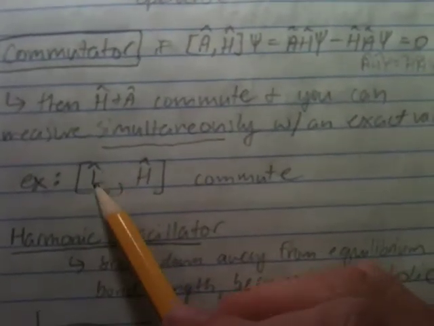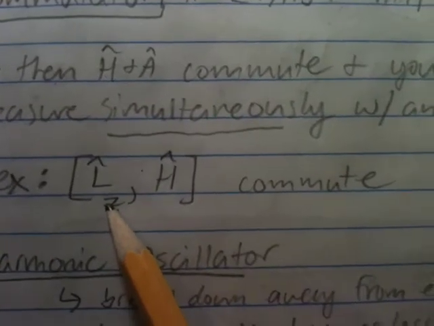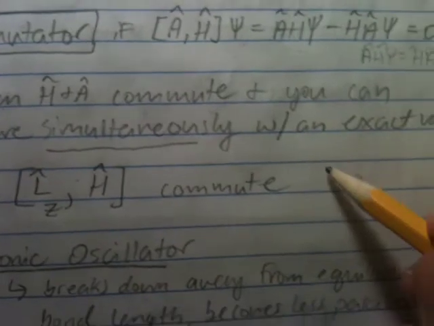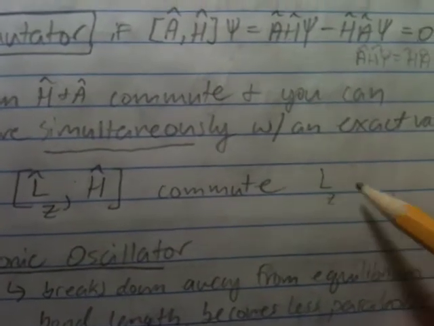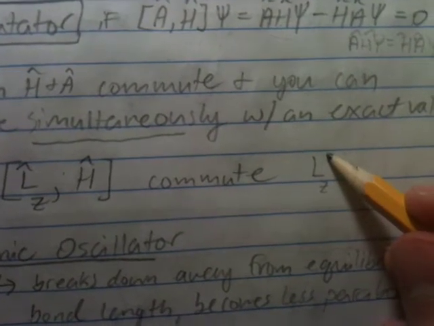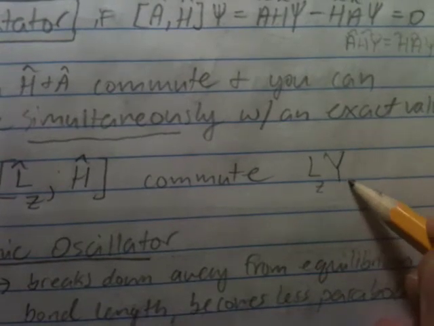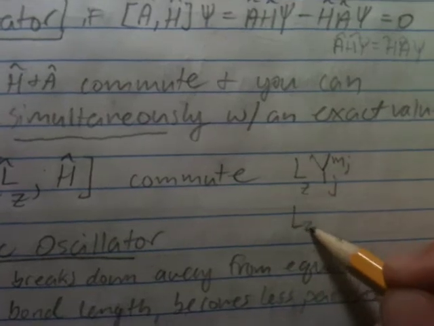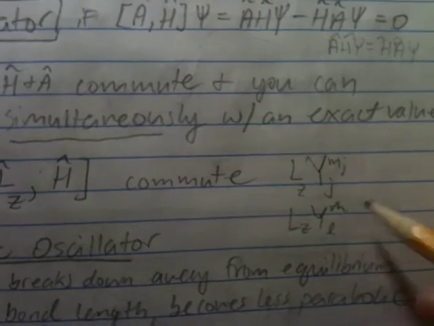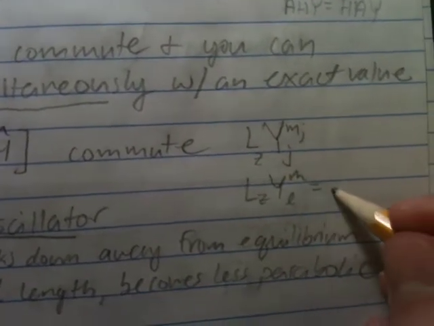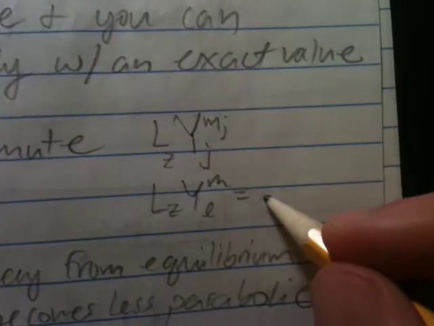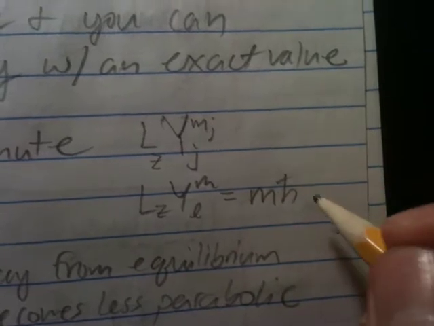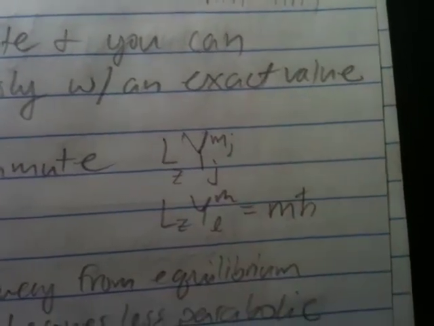For example, the operator L sub z and H hat commute, which means you can take the L sub z operator on some state, or even L z on L and m, let's do that, will be equal to m h bar.